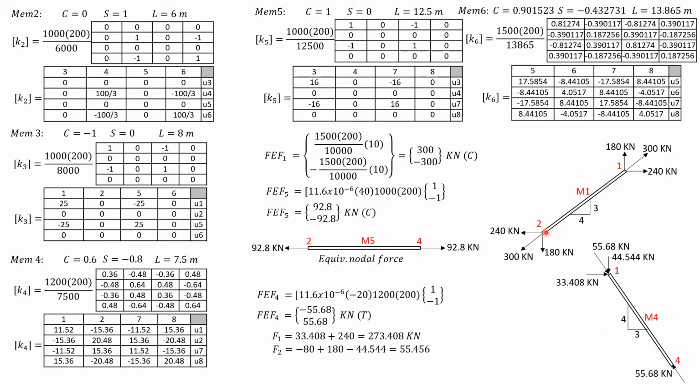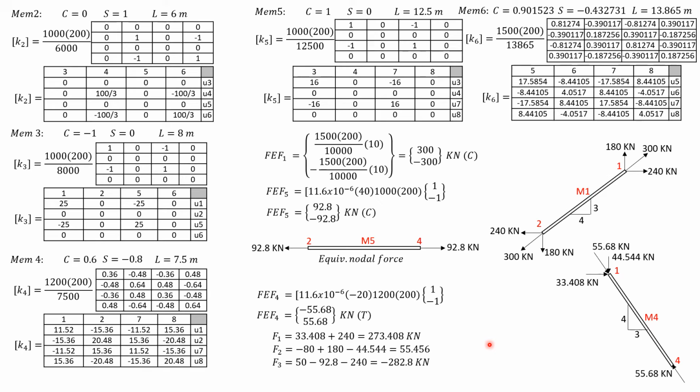Then at node 2, remember there is a horizontal 50 kilonewton load rightward. Then we have here negative 240 and negative 92.8. So the net nodal force at node 2 horizontally, F3, is 50, the original load to the right, then negative 92.8, then negative 240 here.